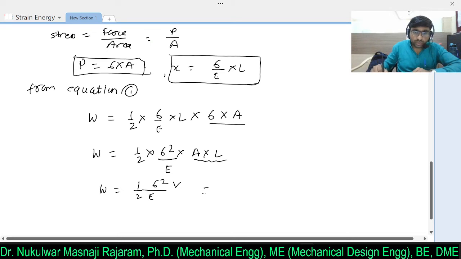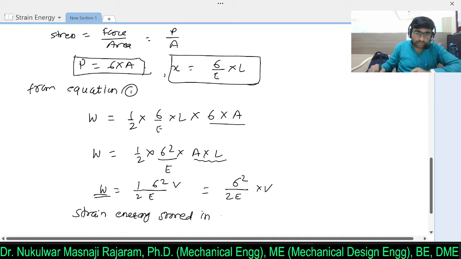So we got the formula for work done, equal to sigma square divided by 2E into volume. Simple. So as we know the work done equals the strain energy, I can write the strain energy stored in the body will be equal to sigma square divided by 2E into V.